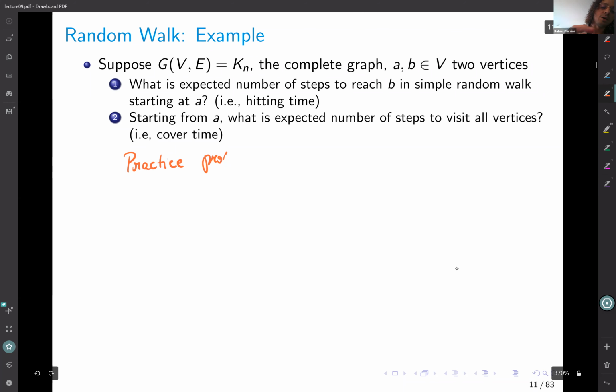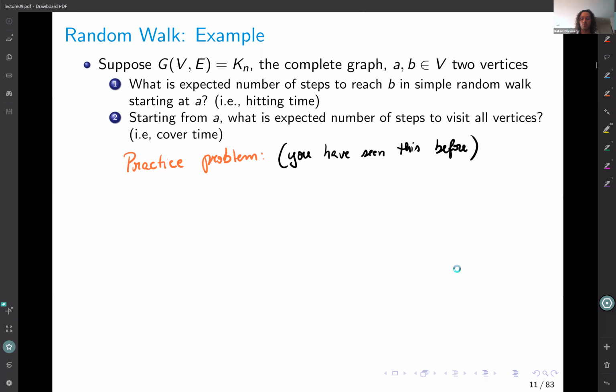But the idea is that you have seen this before under a different name. If you think about it, you will guess. We saw exactly this problem, or a problem very closely related, in previous lectures.